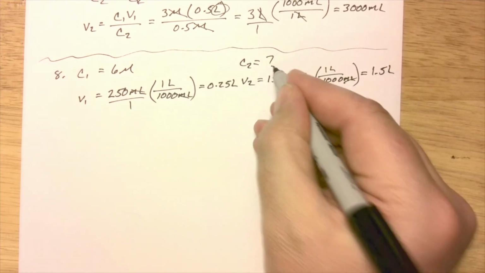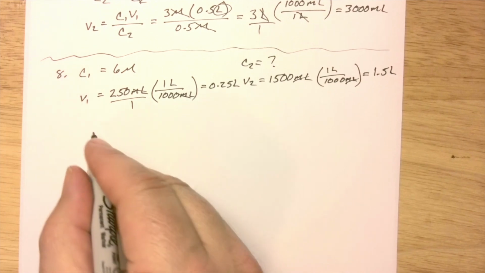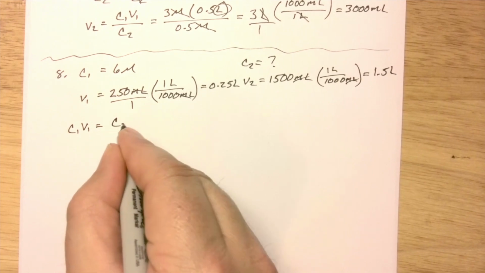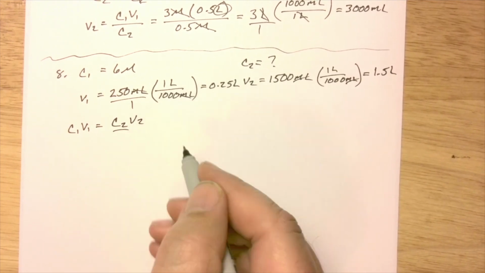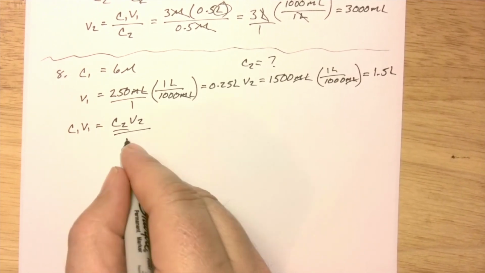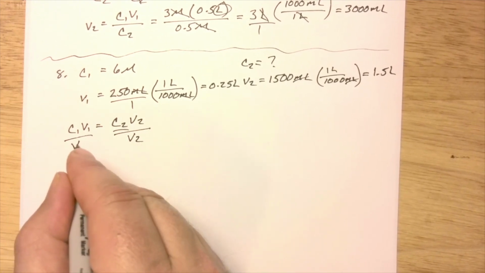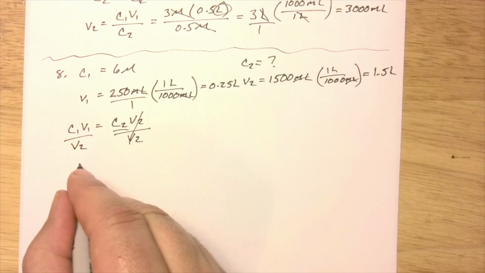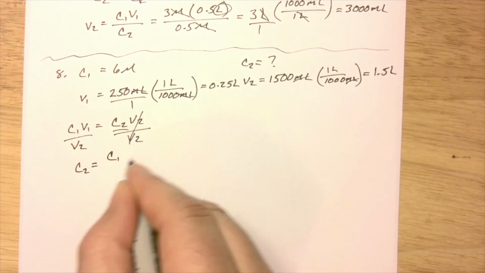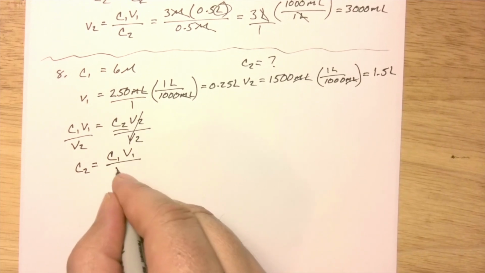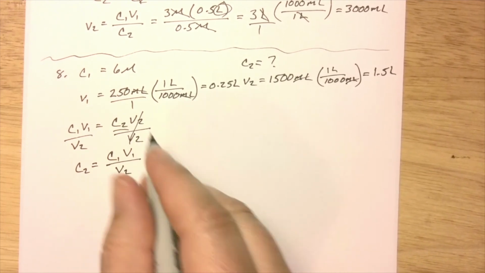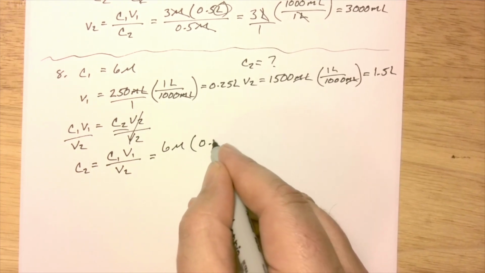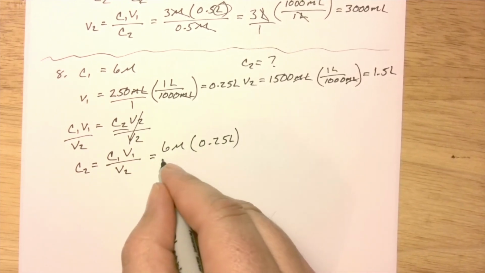And the C2 is unknown. So C1 V1 is equal to C2 V2. Trying to solve for C2, so we have to get rid of the V2. These two will cancel out. So therefore, C2 is equal to C1 times V1 all over V2. So C1 is 6 molar. V1 is 0.25 liters.